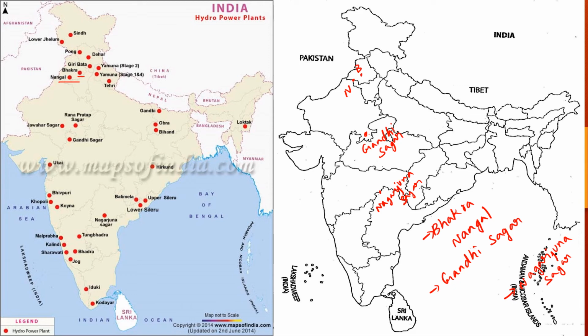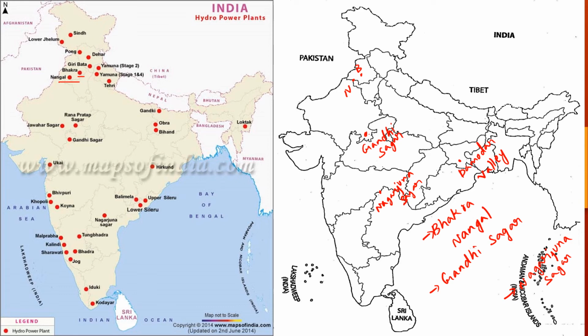You can write this Damodar Valley project in this region. Clear. This Damodar Valley is also given in our textbooks. So these are the major four hydropower plants in India.